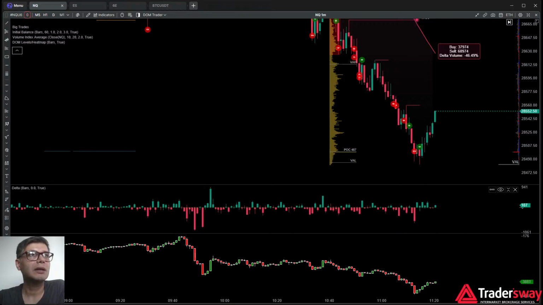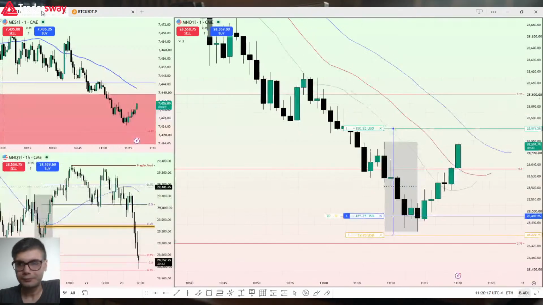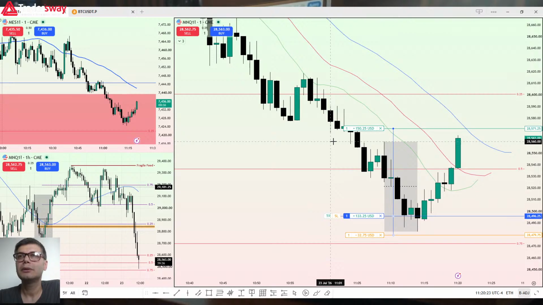So let's go to that NASDAQ trade. Okay, so it has tapped above this level. 104.5 contracts step in, close above it.